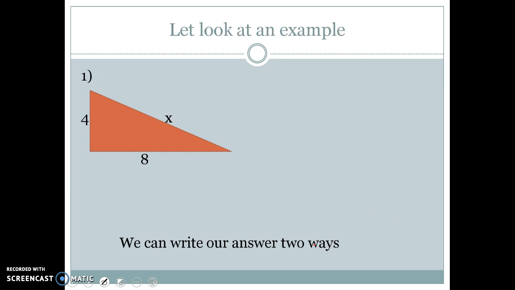Here's how this might work. So if I have a right triangle, here's the right angle, where one leg is 4 and one leg is 8. The hypotenuse here is x. I can figure out the length of x by taking a squared plus b squared equals c squared. A squared, I'm going to let that be 4, so that's 4 squared, plus b squared, that's 8 squared, and that equals c squared, which in this case, the hypotenuse, is x squared.